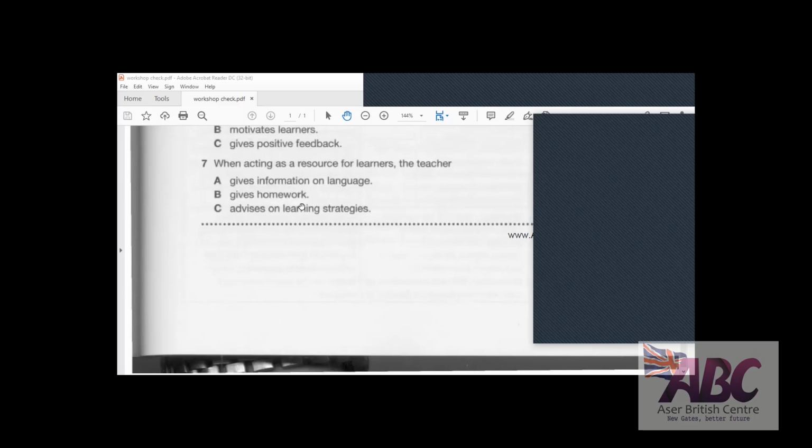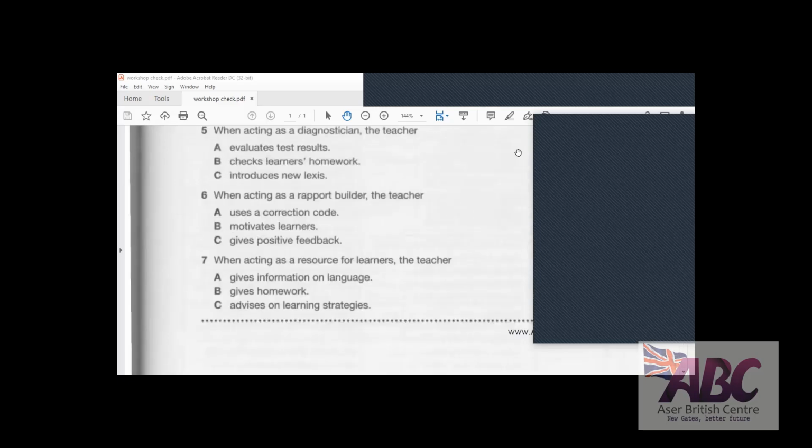What is the role that you may be doing if you are giving homework? Do you have an idea? Assessor.